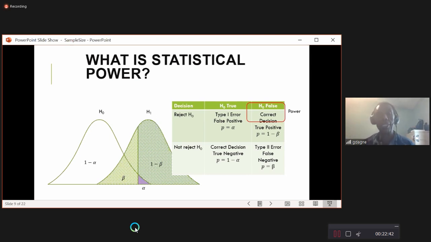Nothing is about reality, but we're trying to conceptualize what it should be. As you can see at the bottom, if the null hypothesis is true and we rejected it, there's alpha at the bottom here, then the beta, 1 minus beta. So this is the interconnection.